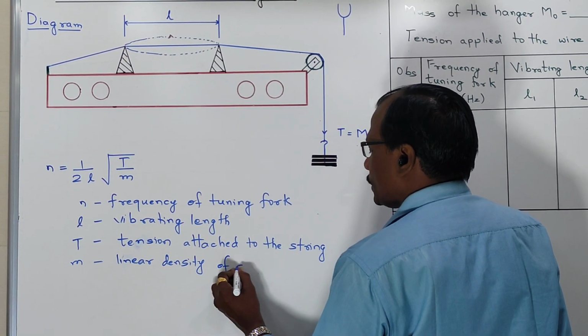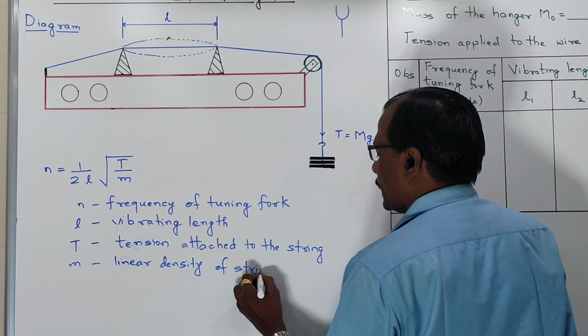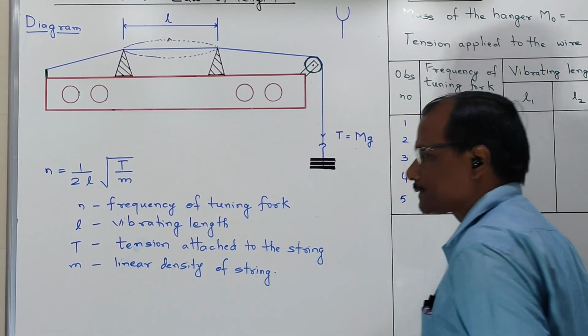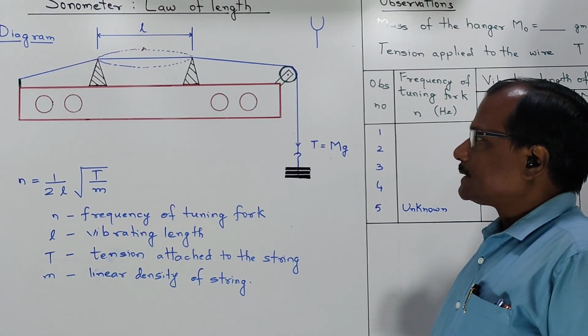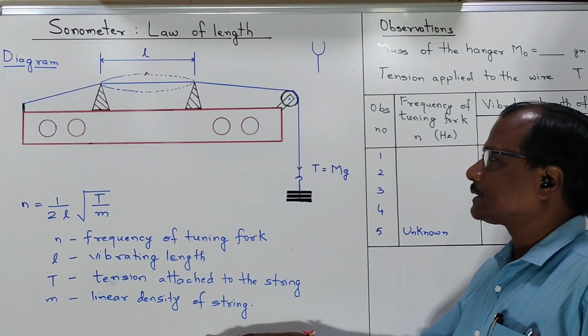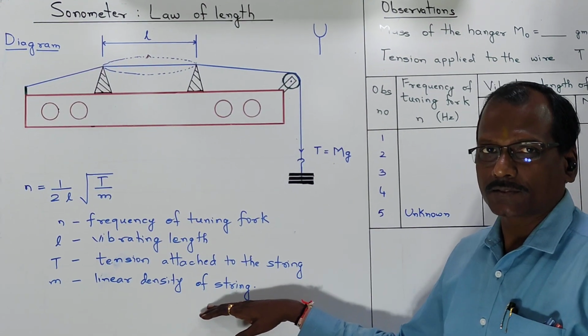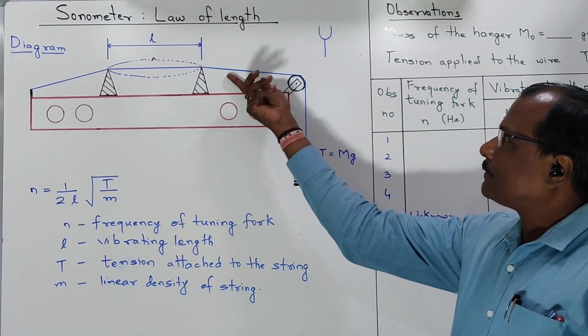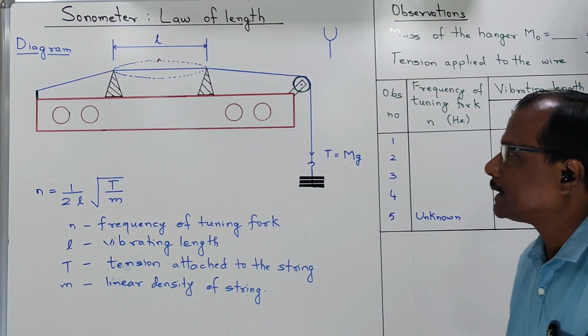Linear density of a string is a little different from the density you have studied. Normally, density is mass per unit volume. Linear density means mass per unit length; the mass of the string is considered per unit length, and that is called linear density.